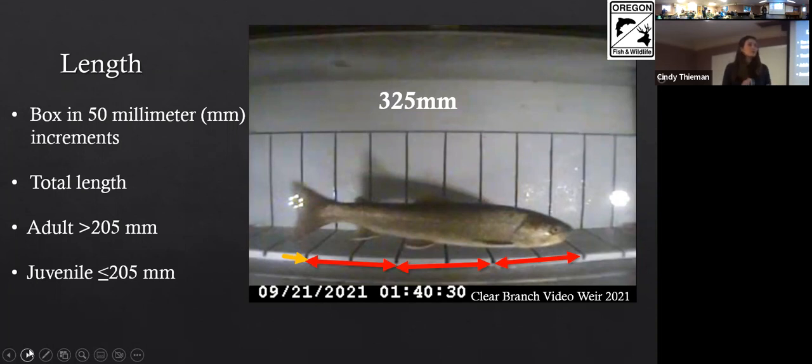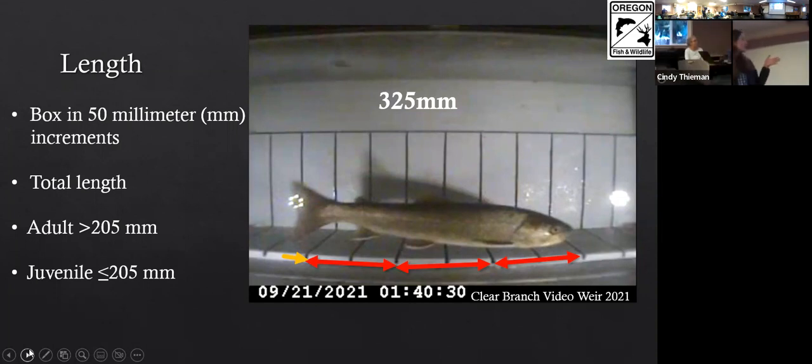And this is helpful to identify adults from juveniles, but also to identify individual fish. But just to give you an idea, looking at those red lines, the three of them each represent 100 millimeters, then this is about half, 50 and 25. So that's approximately a 325 millimeter fish.